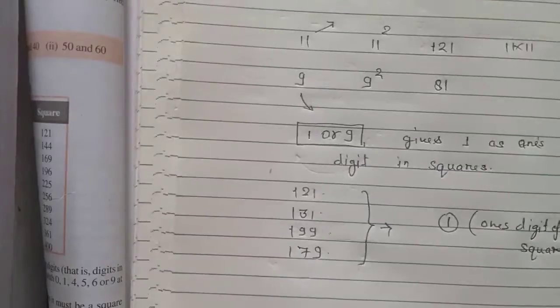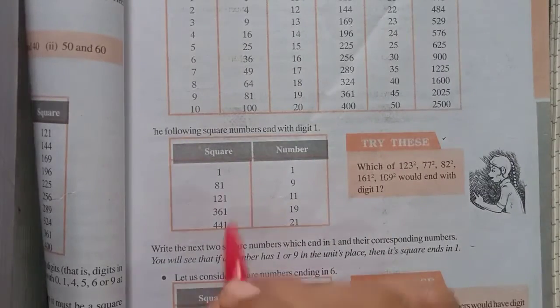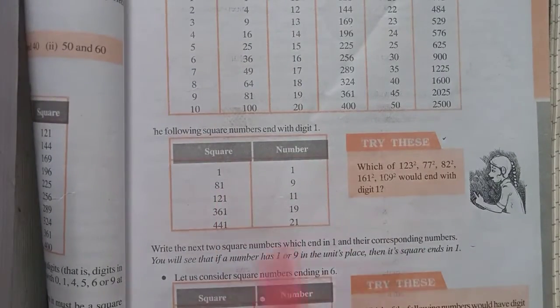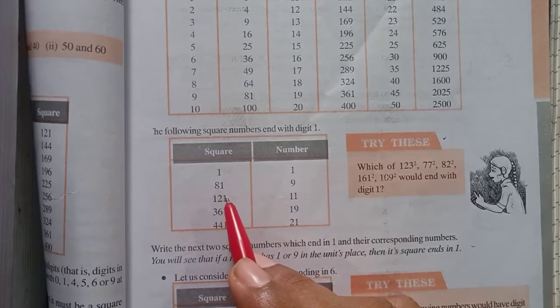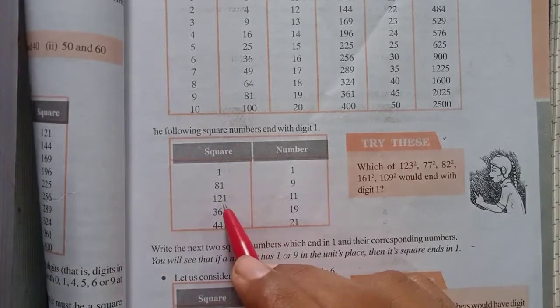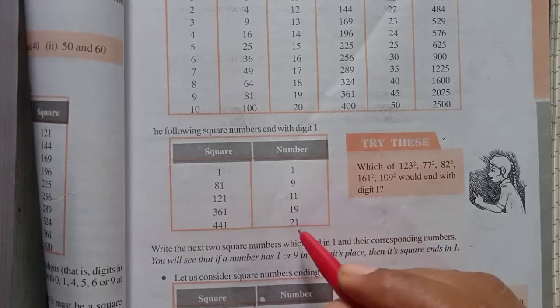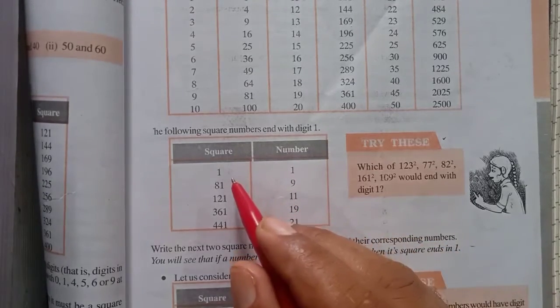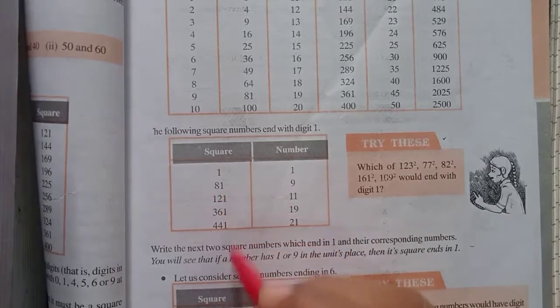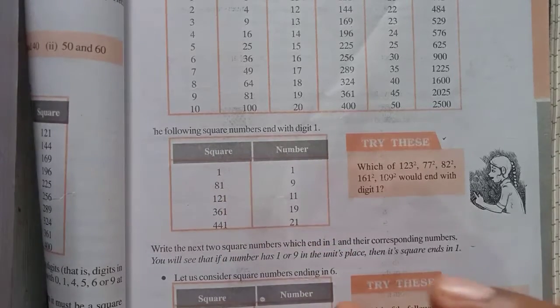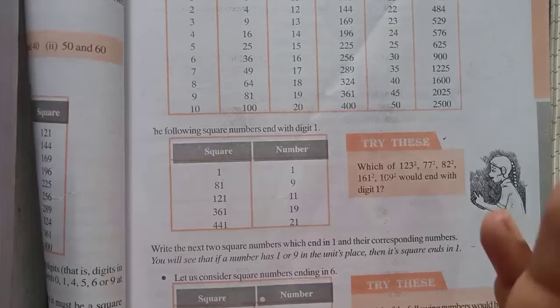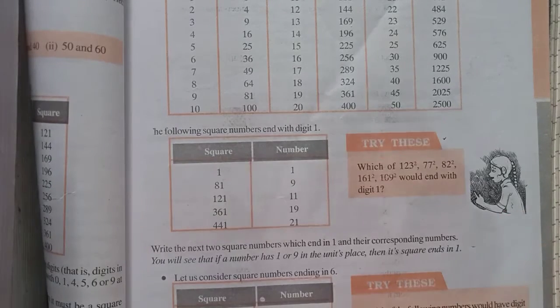Here you have in your book, see 1 square is equal to 1, 81 is the square of 9, 121 is the square of 11. So you can see all these numbers keep 1 as ones digit and the squares also keep 1 as ones digit. So now you have a relation, note it somewhere, 1 and 9. If these two numbers are given in numbers as ones digit, their squares keep 1 ever as its ones digit.